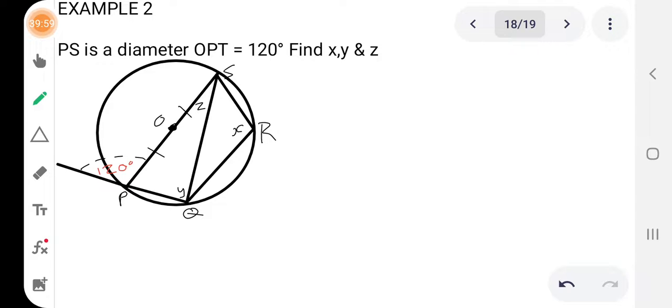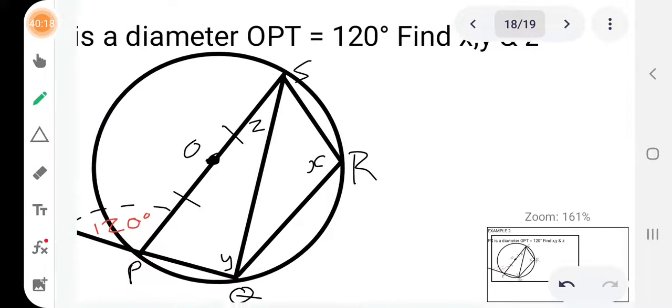In this case, we can see that we have a cyclic quadrilateral inside, which is PSRQ.